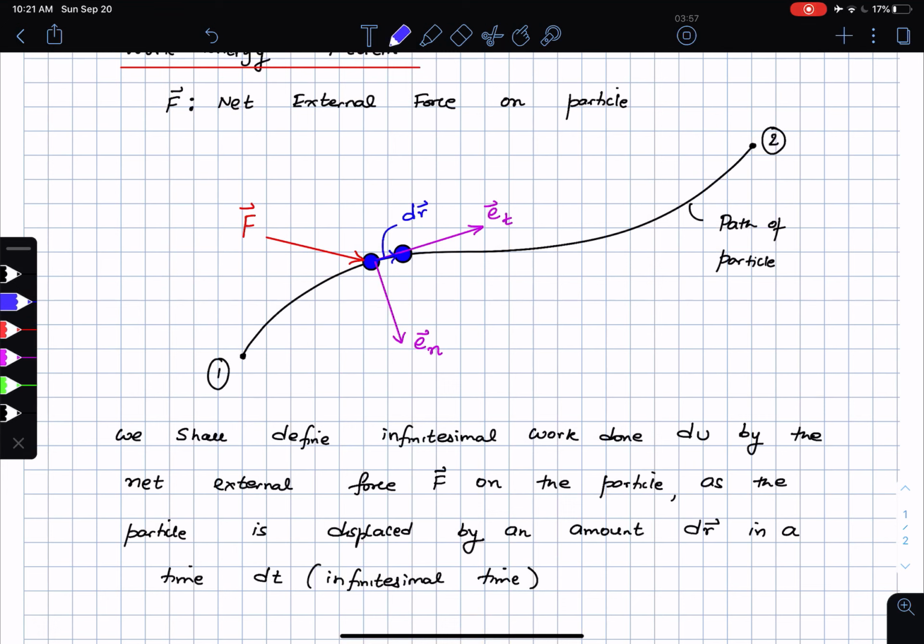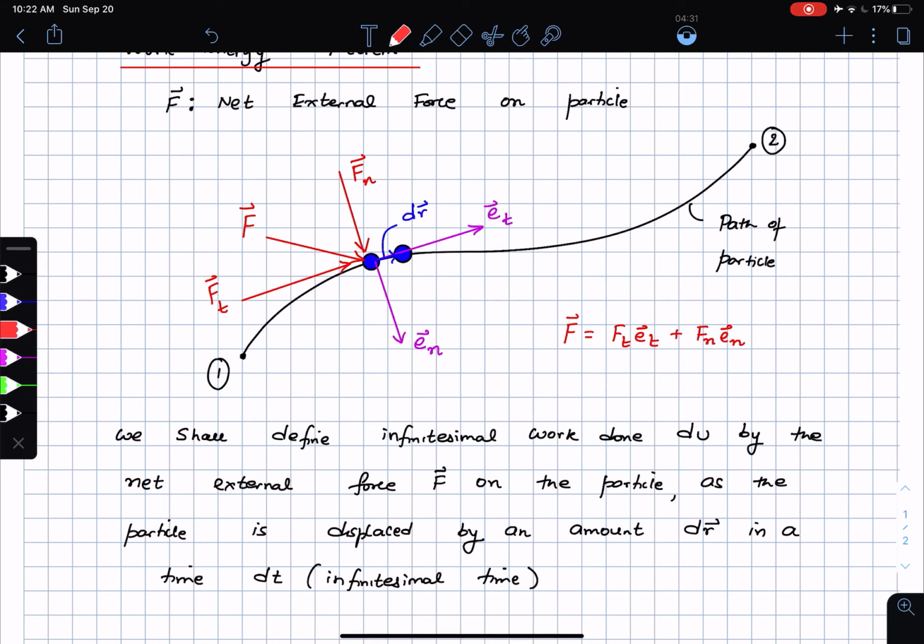And what I'm going to do further is take this force and split it into a component along the normal direction, F_n, and a component in the tangential direction, F_t. This means that this net external force can be written as some magnitude in the tangential direction and some magnitude in the normal direction.